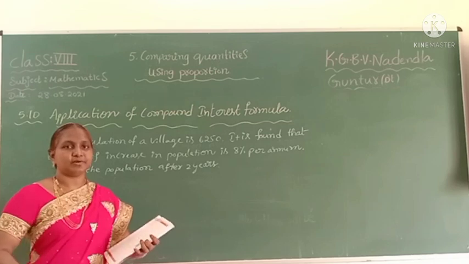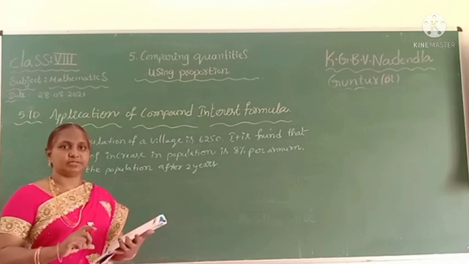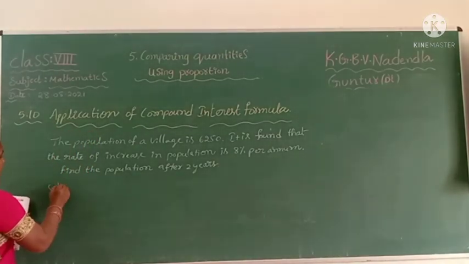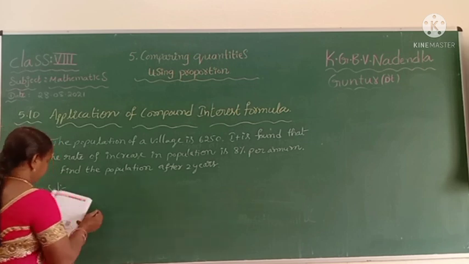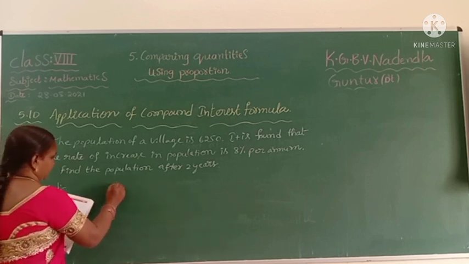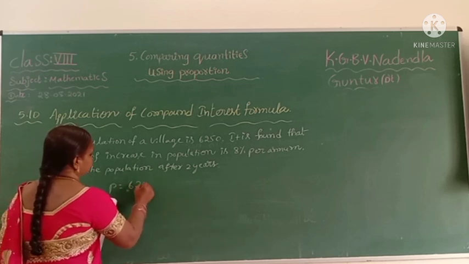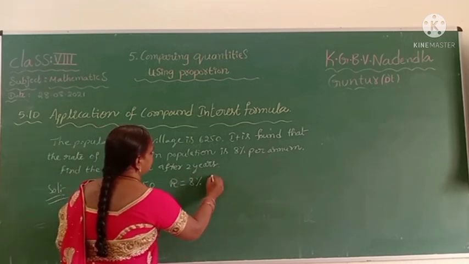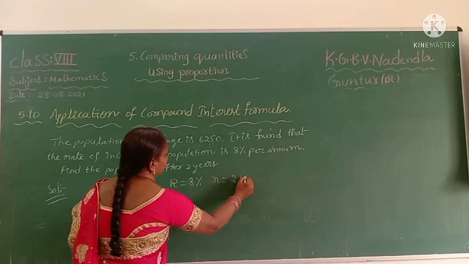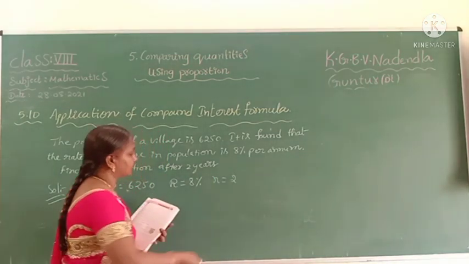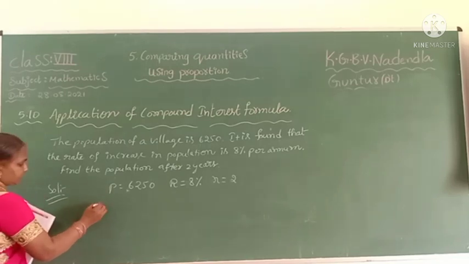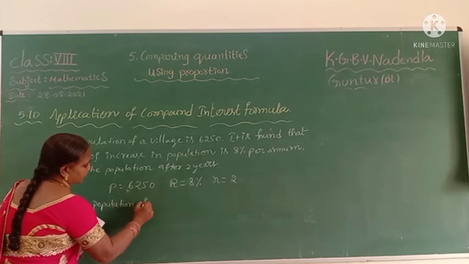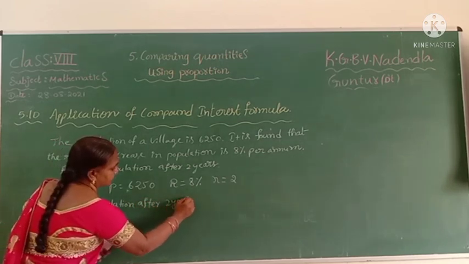By using the compound interest formula for amount, we can solve this easily. Here P is equal to 6,250, R is equal to 8%, n is equal to 2 years. Here 2 years, so we take n is equal to 2.